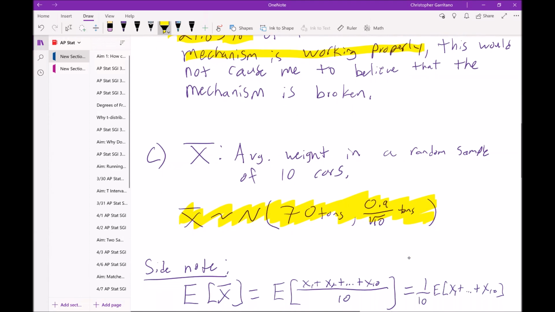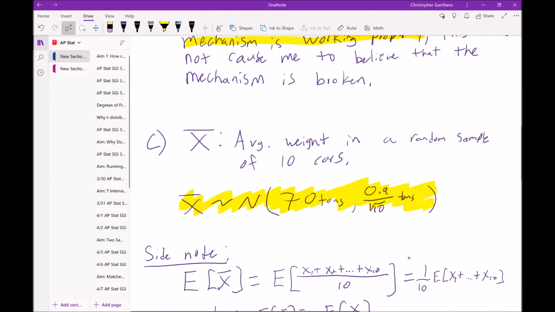So here's your side note. Expected value of X bar can of course be written as the expected value of, well, the sum of your 10 X's divided by 10, right? That's how you calculate an average. Sum your 10 numbers up, then divide by 10. By the rules of expected values, I can pull out the constant, which in this case is 1/10.